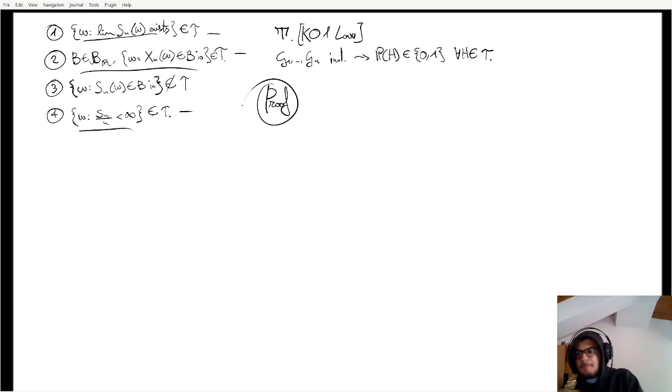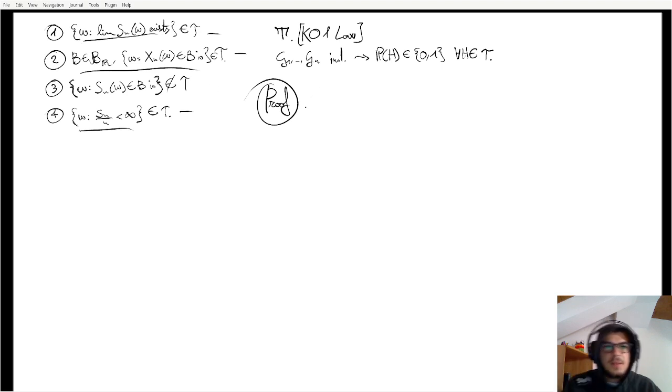The proof of this relies basically on one observation and on repeated use of a previous result that we mentioned, which is the fact that a partition of an independency is again an independency.